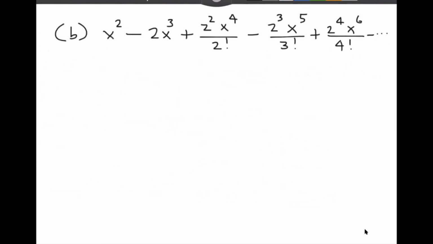Okay, so for the very last example in chapter 10, we have this thing: x squared minus 2x to the 3rd plus 2 squared x to the 4th over 2 factorial minus 2 to the 3rd x to the 5th over 3 factorial, et cetera, et cetera. The first thing I notice about this is that it doesn't start until x squared.